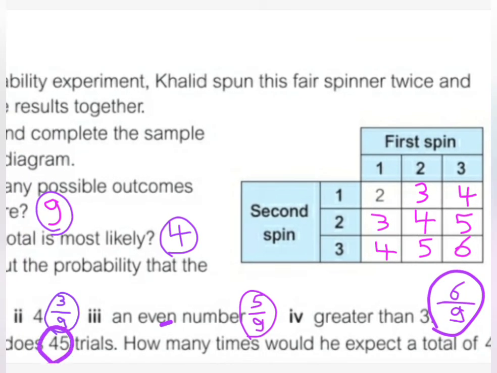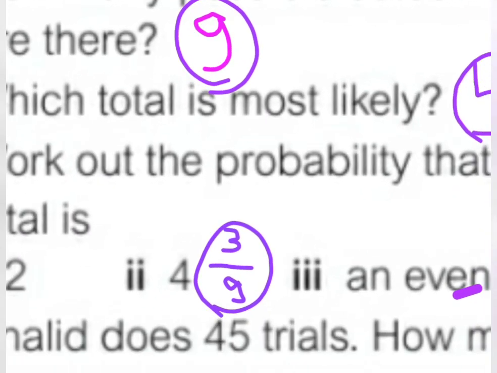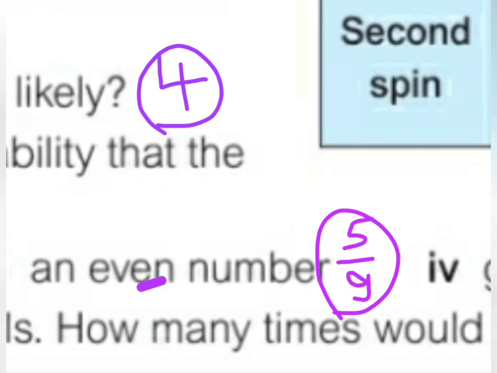What is the probability of 4 happening? We said it's 3 out of 9. We take 3 out of 9 and multiply it by 45. Let's put it here. 3 out of 9 multiplied by 45.